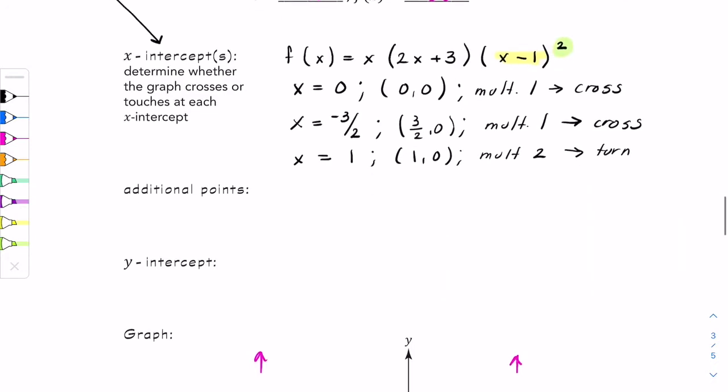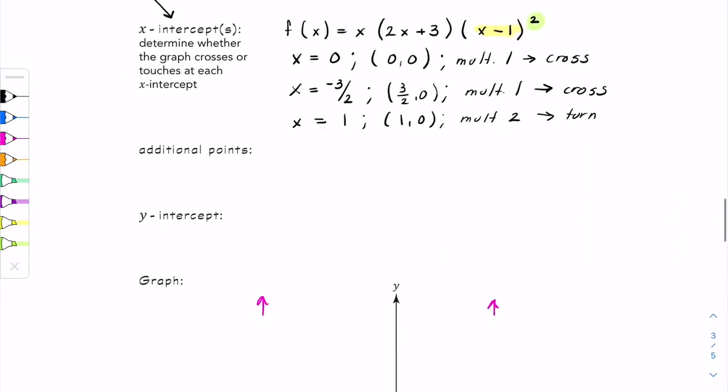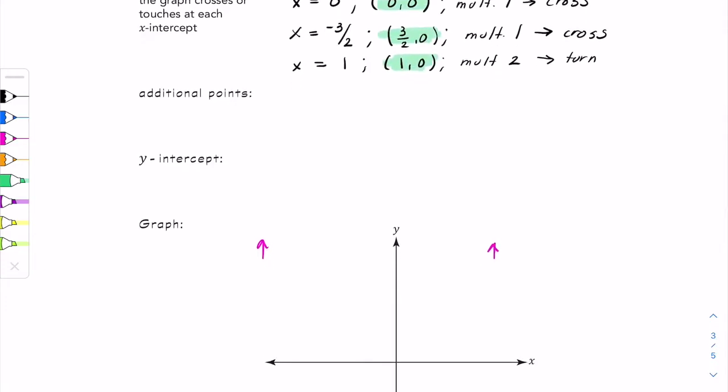Okay, next I need to plot these points. So I'm specifically plotting the points that I found as x-intercepts. I'm going to plot a point at 0, 0, plot a point at 1.5, 0, just notice quickly that I just graphed some dashed lines.